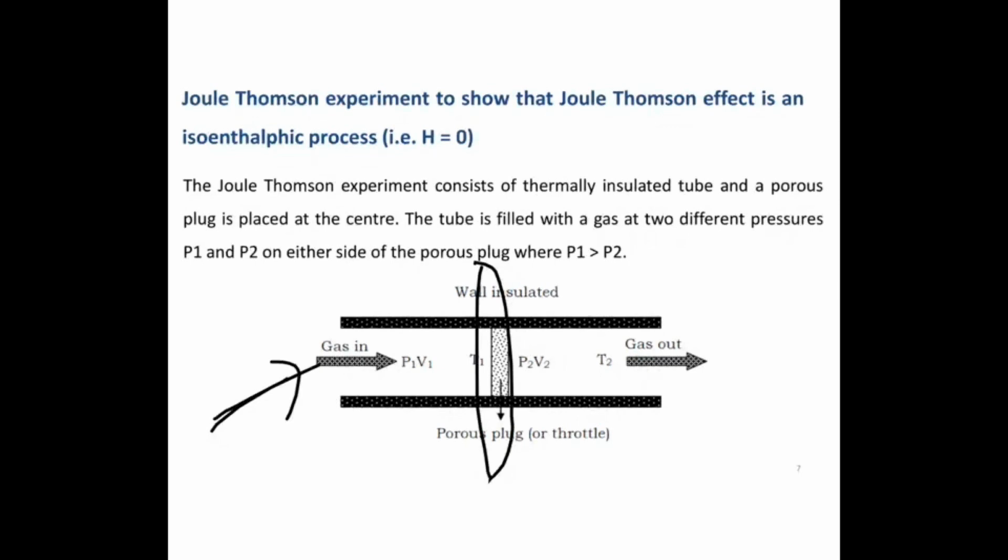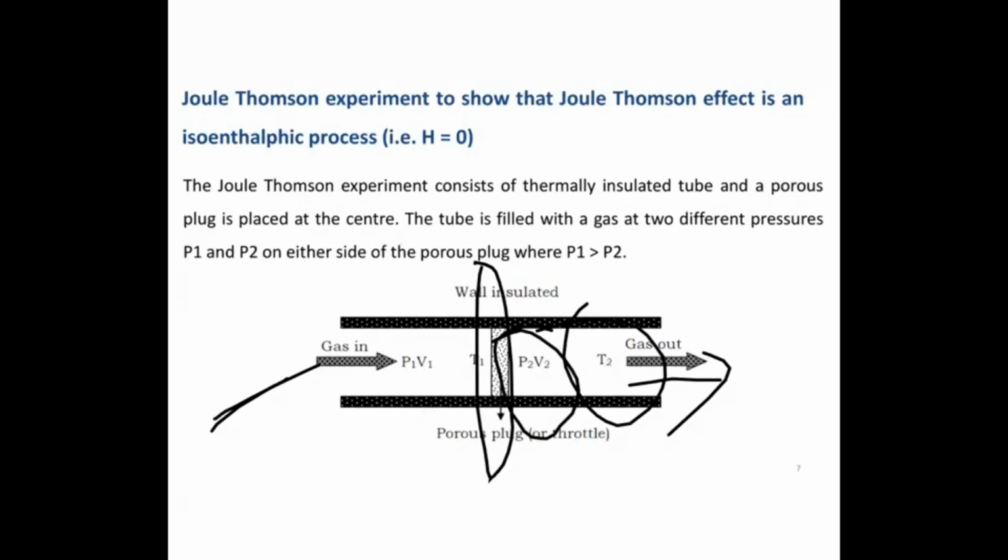When the gas is inserted with constant pressure and volume and the temperature kept constant at T1, and it passes through the porous plug under high pressure, the gas is converted into a lower pressure form. So here we can see the change in pressure and volume with respect to temperature.